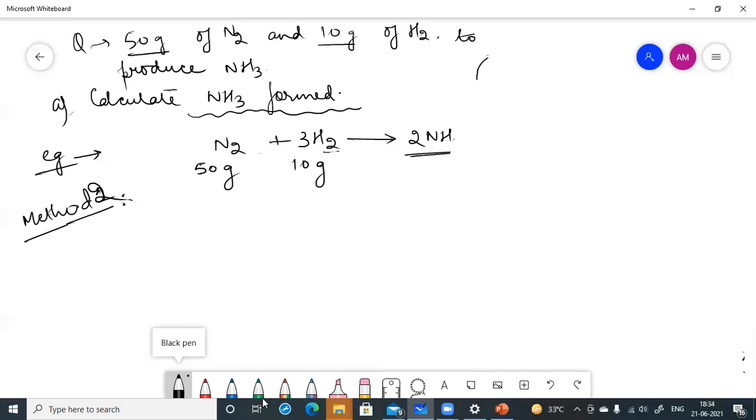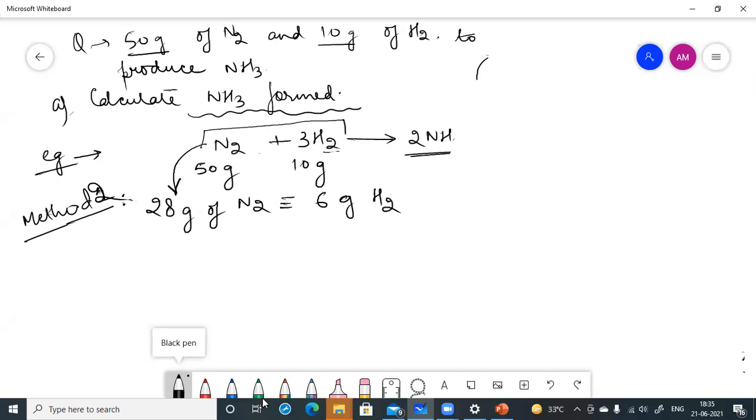Mass के terms में हम लोग calculations कर लें अगर direct. तो if this chemical reaction is given to you, and we want to elaborate this chemical reaction in terms of mass, can we say that 28 grams of nitrogen requires 6 grams of hydrogen? Can we write it like this or not?